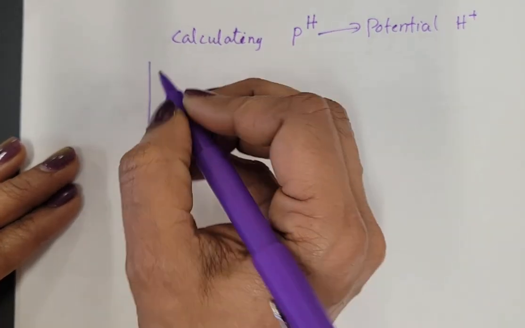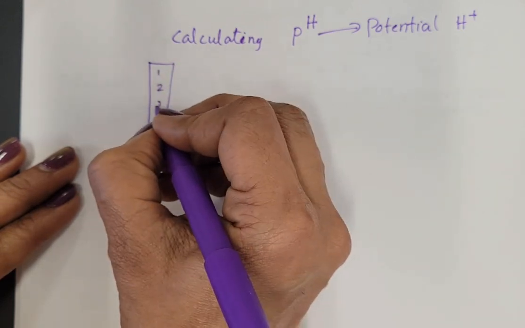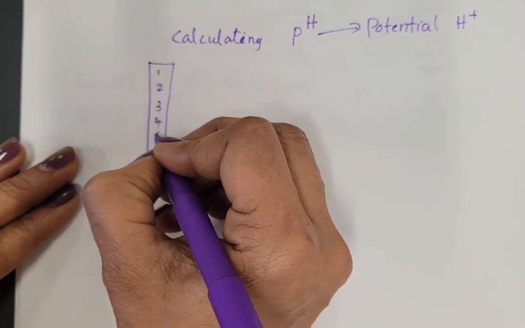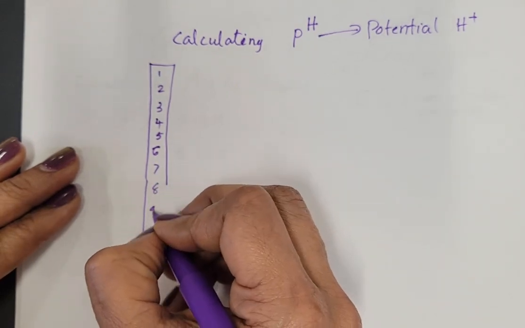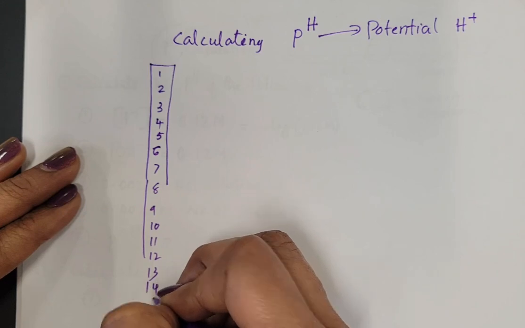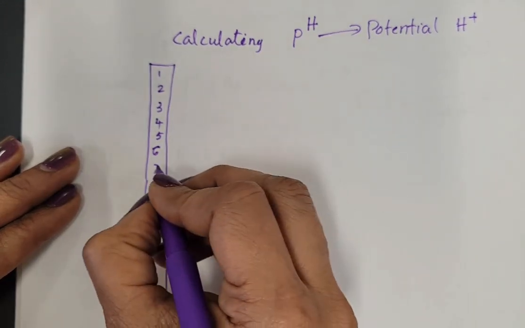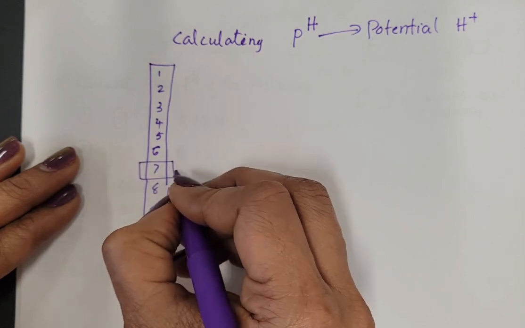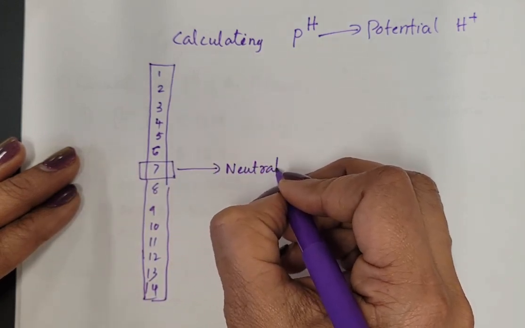We have a pH scale which has numbers starting from 1 to 14. If the pH is 7, that solution is called a neutral solution.